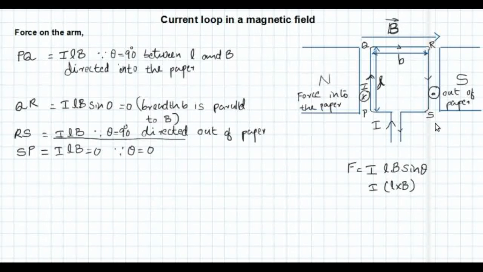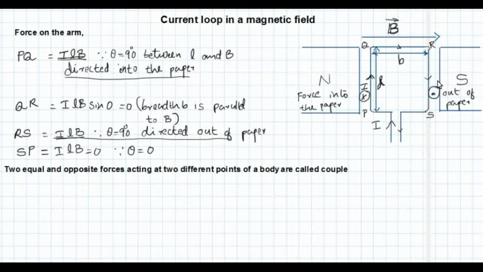So both are equal and opposite. Equal in the sense their magnitudes are equal, opposite in the sense their directions are opposite. So there are two forces acting on this coil which are equal and opposite. Such equal and opposite forces acting at two different points of a body are called a couple.